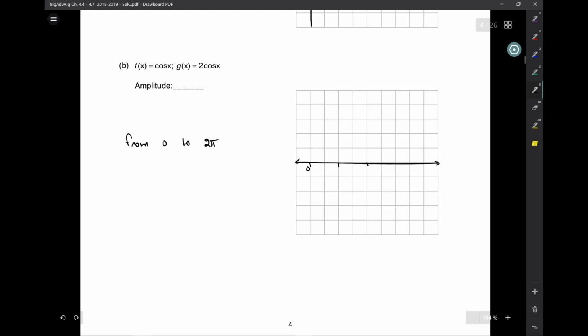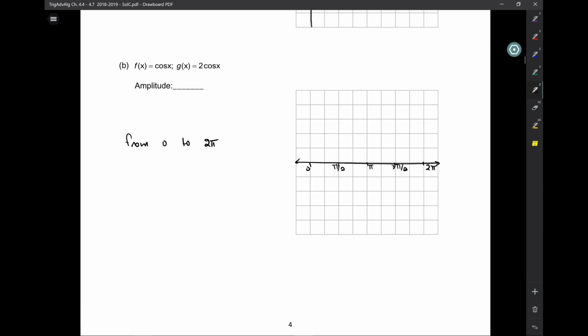So 1, 2, 3, 4, 2 pi. Why am I doing that? Because I can, okay? So pi over 2, 3 pi over 2. It gives me a little bit more space. It's fine. It's choice.